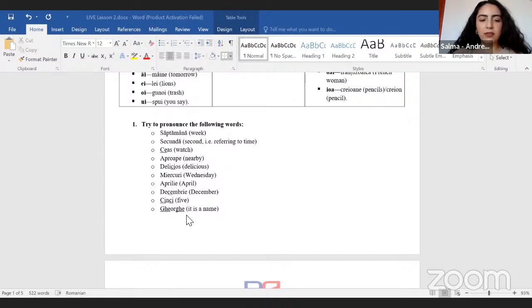As you can see, you have here some groups of sounds that I've underlined for you, and these are the groups of sounds that we've discussed last time, the ones that are specific to Romanian and the ones that are most likely to pose a problem for you, especially at the beginning. So we have here ceas, delicios, decembrie, 5, Gheorghe.